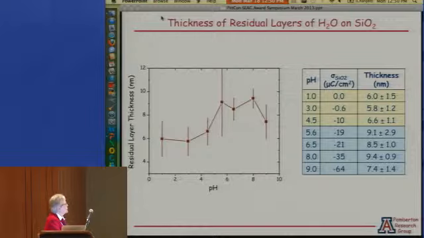At pH 9, it begins to fall off a little bit. We think because actually at pH 9 we're beginning to dissolve the silica a little bit. But nonetheless, the same kind of more or less step function behavior in the residual layer thicknesses is observed, which is consistent with the model that I've shared with you earlier.